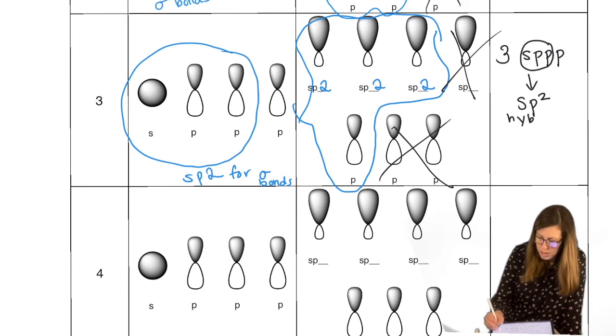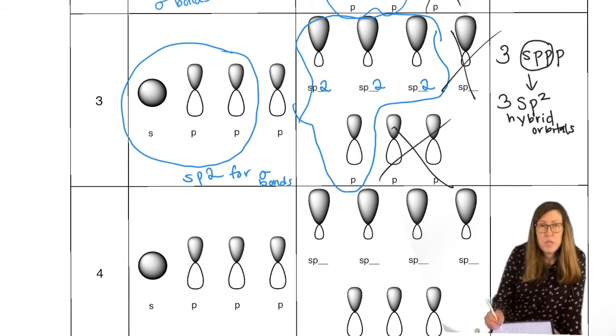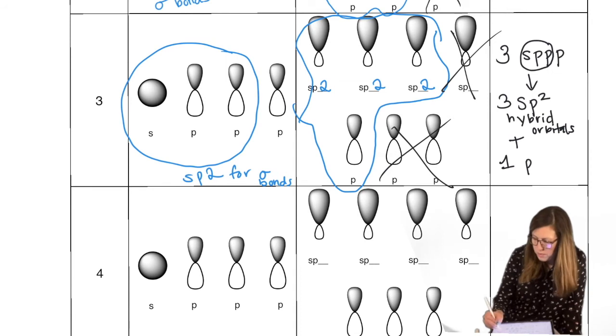Those represent my hybrid orbitals in use. How many of those? 3 separate sp2 orbitals. I know I need to make 4 bonds total. I need a full octet, or I need 4 electron groups total. So that means I need 1 p orbital left over for holding a lone pair or for pi bonds.